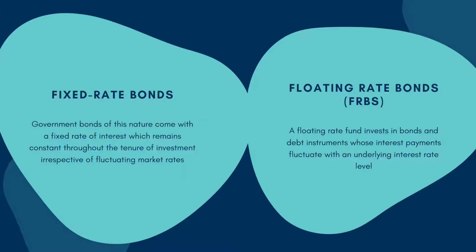The floating rate fund invests in bonds and debt instruments whose interest payments fluctuate with an underlying interest rate level. The rate has 2 components: a base rate and a fixed spread, and the fixed spread is decided through the auction and remains throughout the maturity tenure.